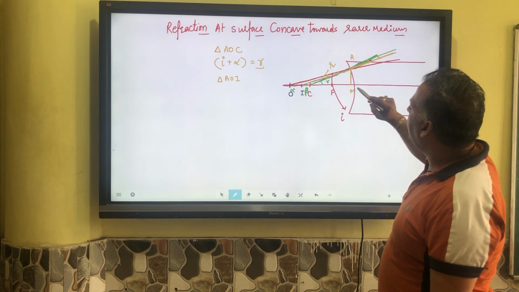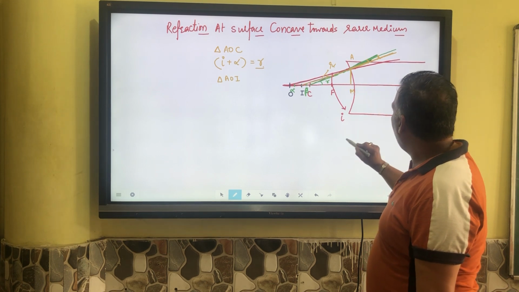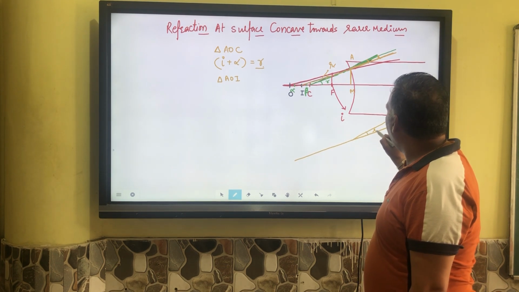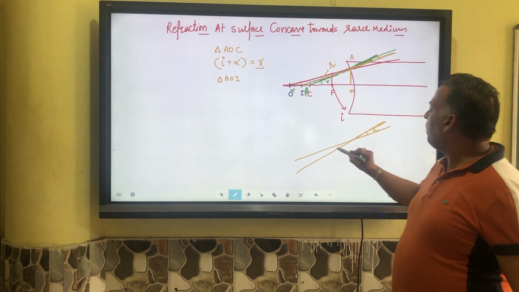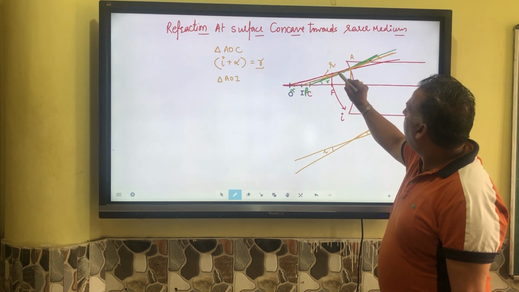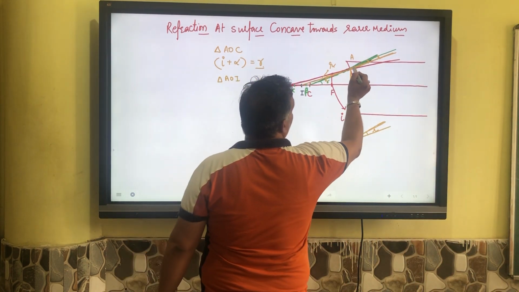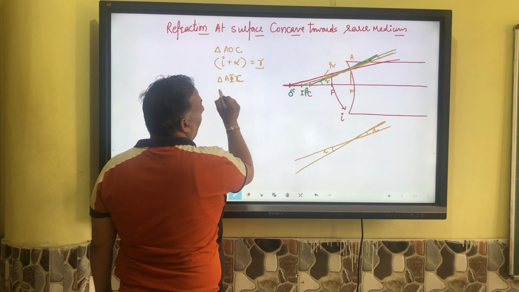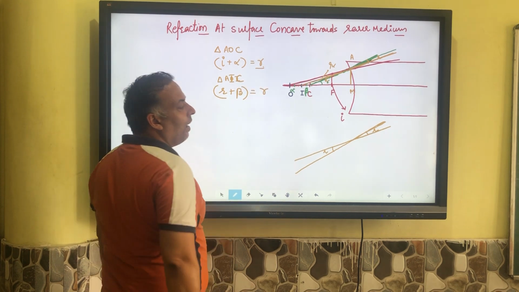Here, this was one of the rays, this was the R angle, and this was the normal. It will bend toward this side. This angle was R, and we can take AIC as the triangle. Angle R plus angle beta is equal to gamma.